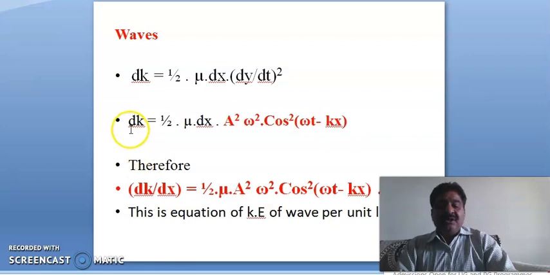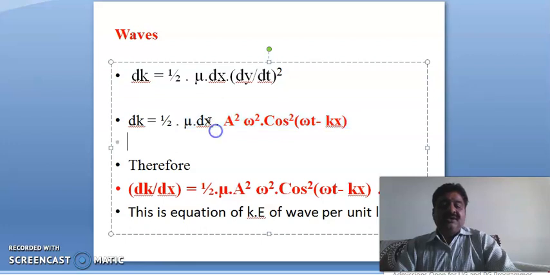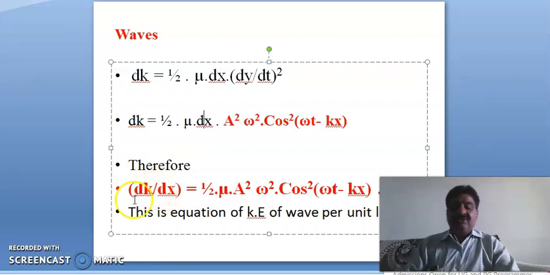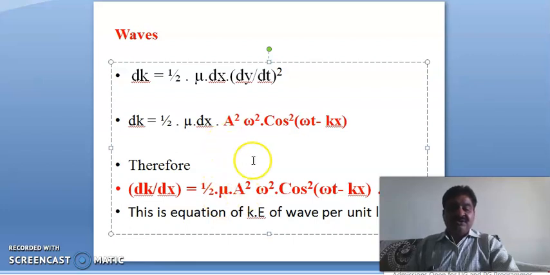Taking dx to the left-hand side, dK by dx is equal to half mu a square omega square cos square (omega t minus kx).